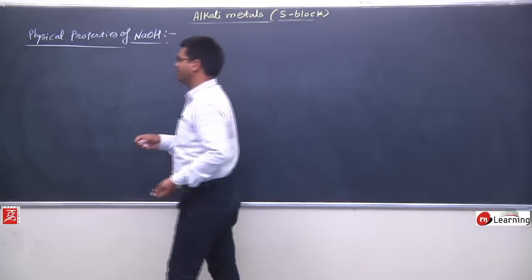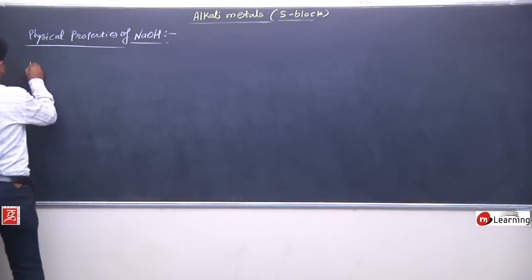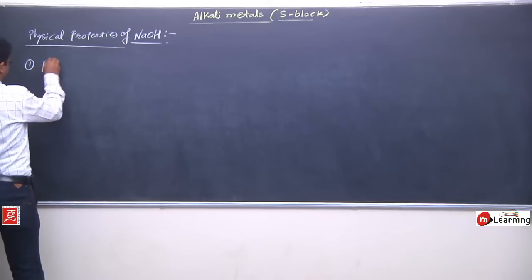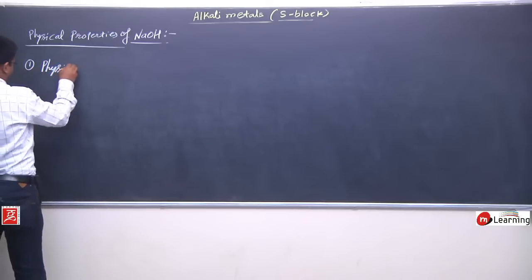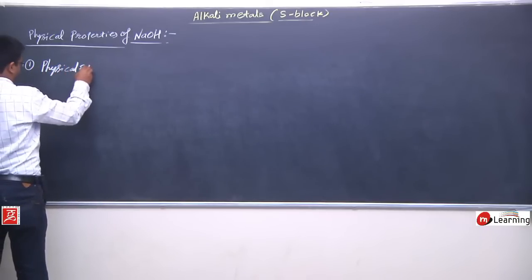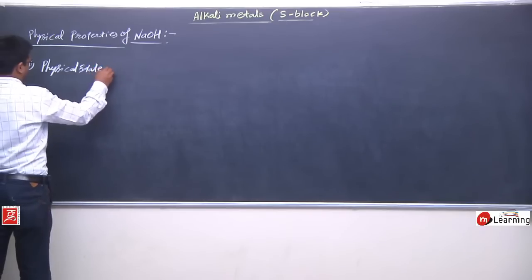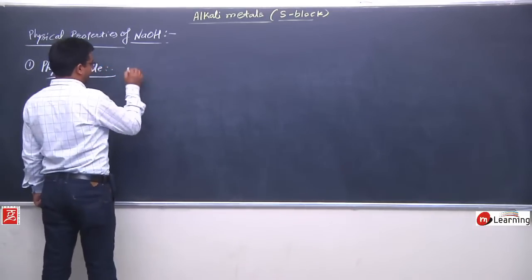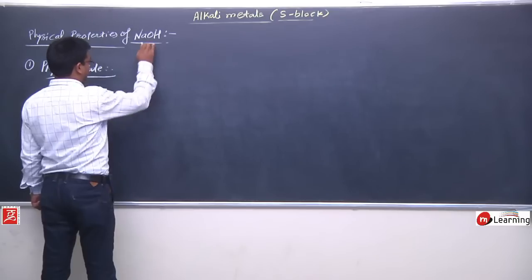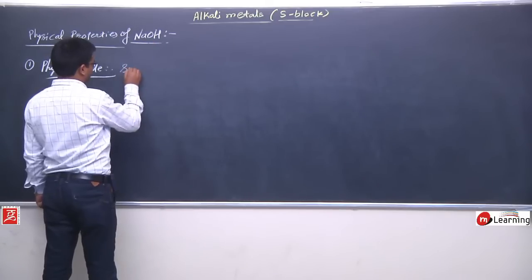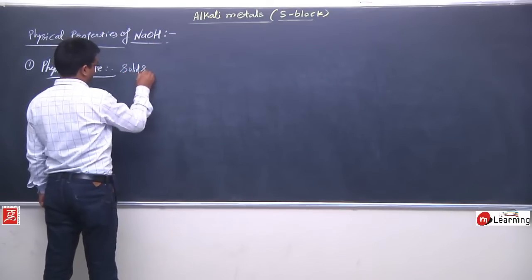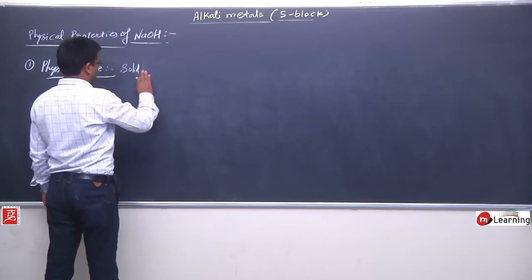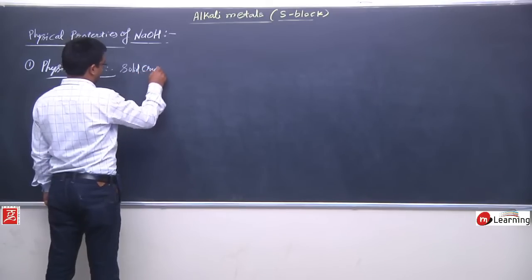Number one, first, physical state. Sodium hydroxide, caustic soda, is a solid crystalline form.